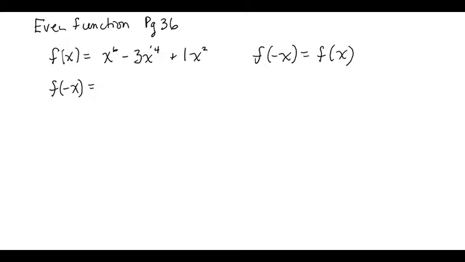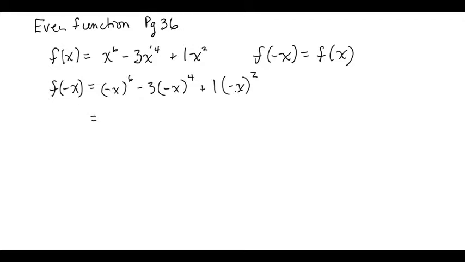So wherever there's an x, we're going to substitute in a negative x. So here's the placeholder for all of the x's. We're going to substitute in a negative x. And then we're going to simplify it.